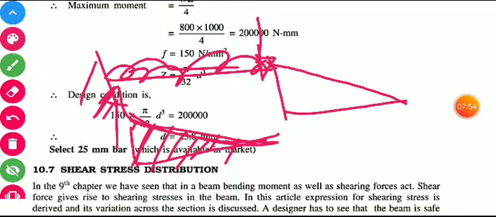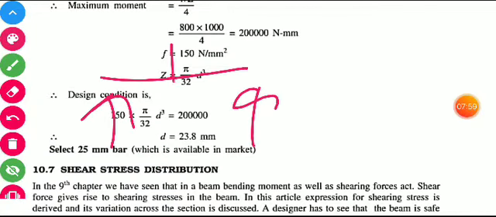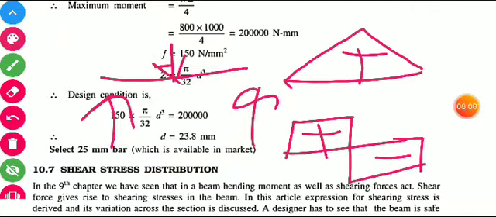Or we take another example of a simply supported beam. So this is the bending moment and this is the shear force diagram, positive, negative, positive, sagging.